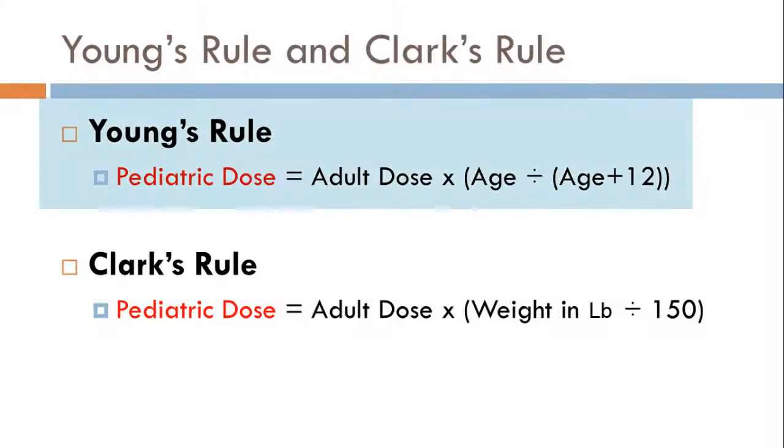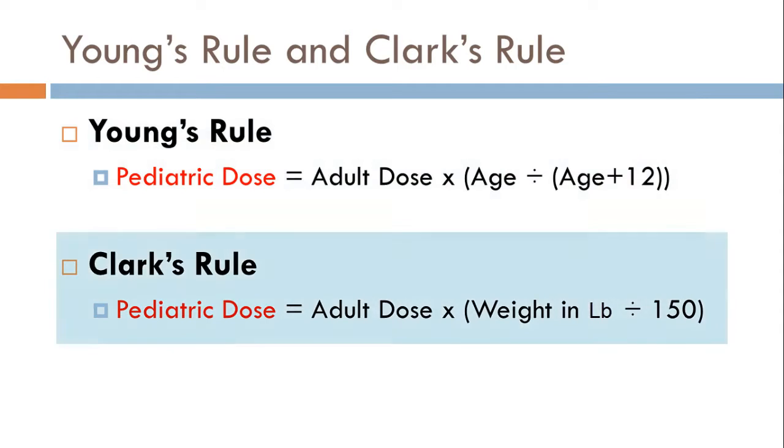Young's rule is fairly easy. It's the adult dose multiplied times the age divided by the age plus 12. That is Young's rule: adult dose times age divided by age plus 12. Clark's rule is a little bit different.